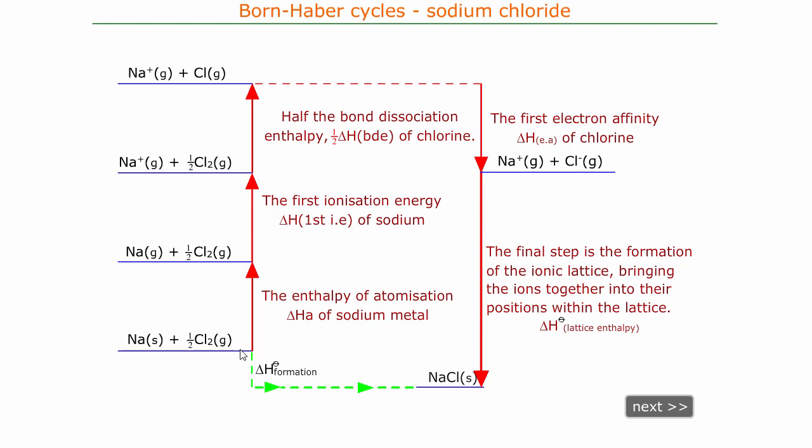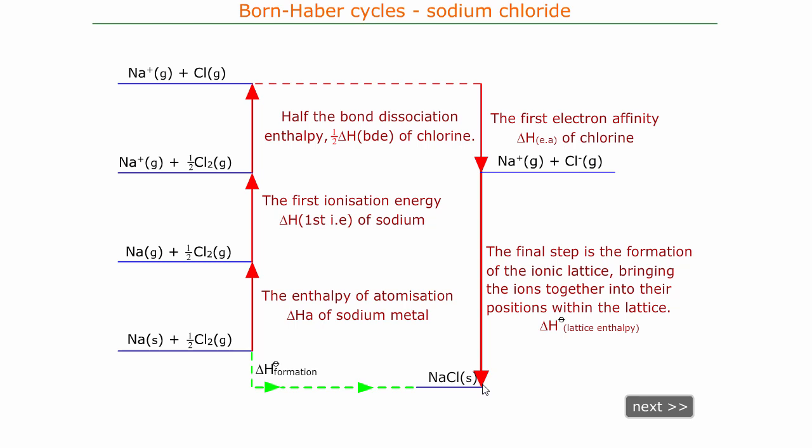So, according to Hess's law and the law of conservation of energy, the enthalpy of formation of sodium chloride, this step here in green, will equal the enthalpy of atomization of sodium plus the first ionization energy of sodium plus 1/2 of the bond dissociation enthalpy of chlorine plus the first electron affinity of chlorine plus the lattice enthalpy of formation.